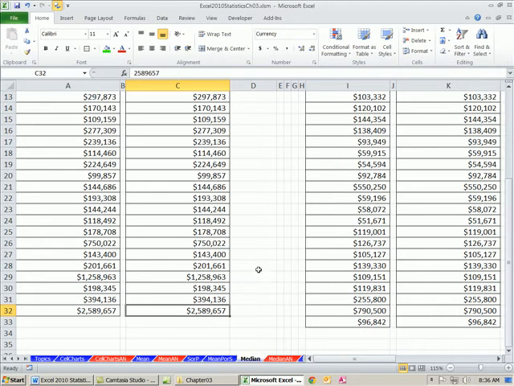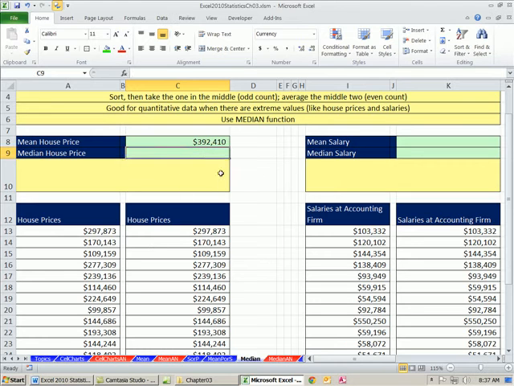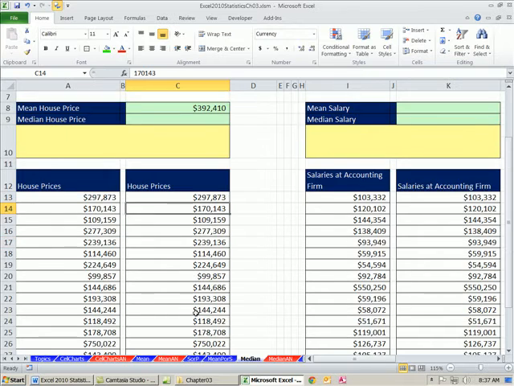So it makes perfect sense that if you have a couple really big values, it's going to drag the average up. So an alternative to calculating mean is to do median. And here's how you do it. You sort them and take the one in the middle. So let's see how to do this.